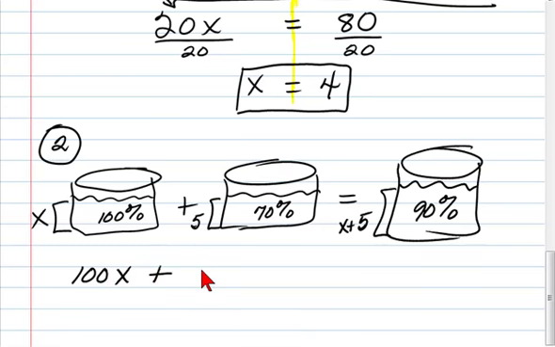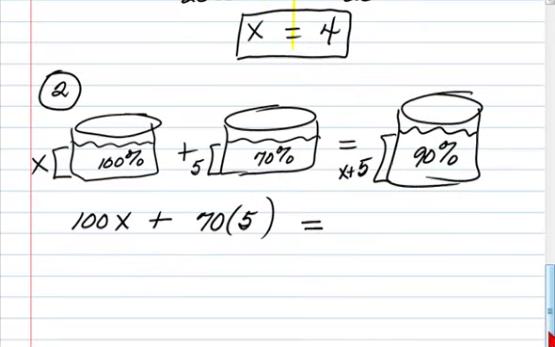Okay, now in the second one, I'm going to go ahead and write it down as a product, 70 times 5. Now there's no x there, okay, just 70 times 5. So I will get the 350 that you referred to. Equals, what are you going to write down for the last one? Times 90. So I'm going to take the 90 times x plus 5.